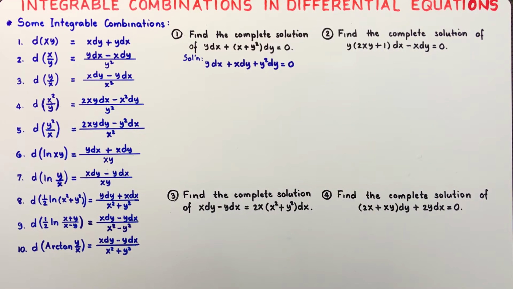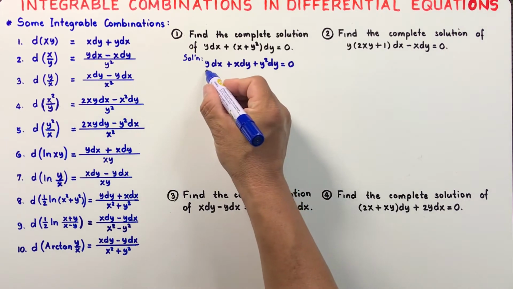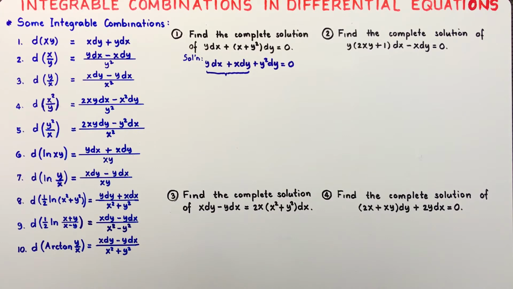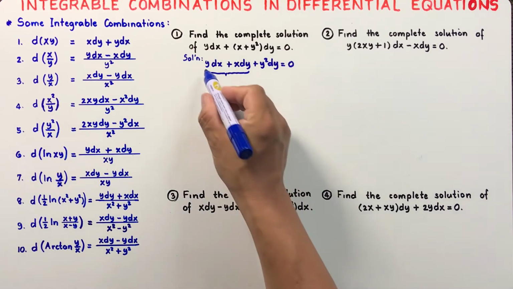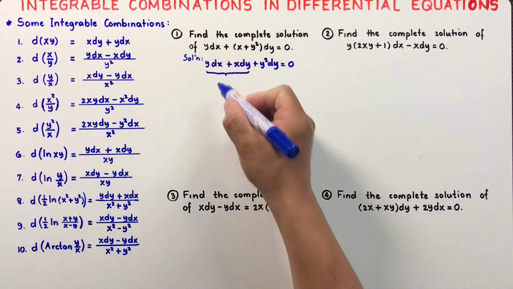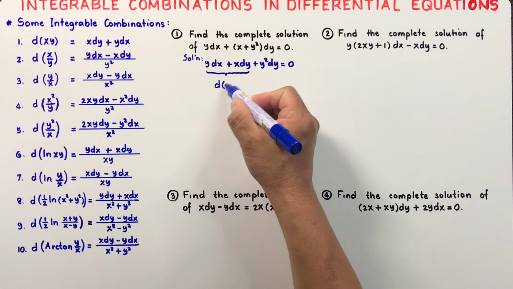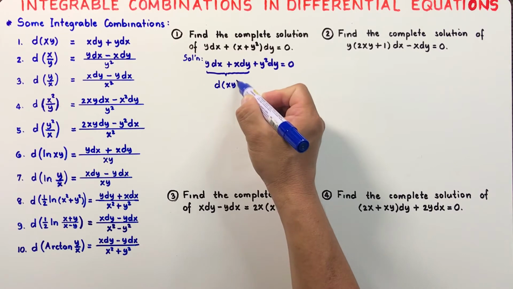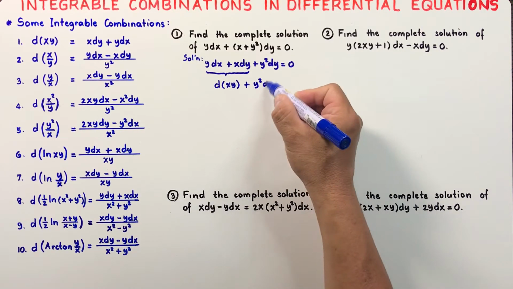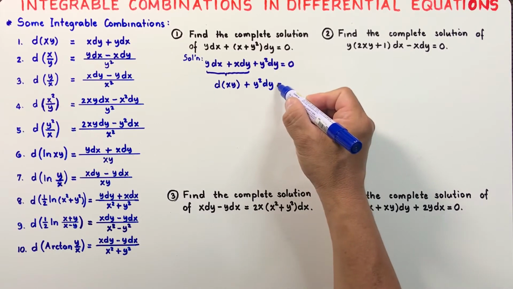As you can see, this one is already an integrable combination, which can be seen here in our integrable combination number 1. So instead of writing this one, we will replace it by its equivalent differential. So we have the differential of the product of x and y, and this is added to y squared dy, which is equal to 0.